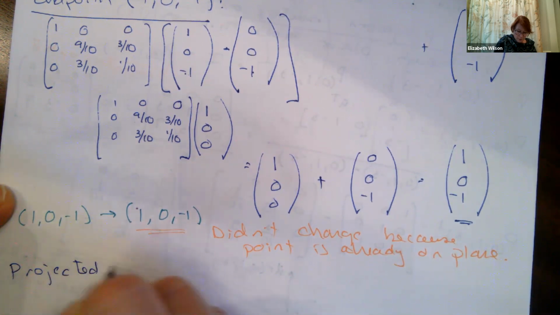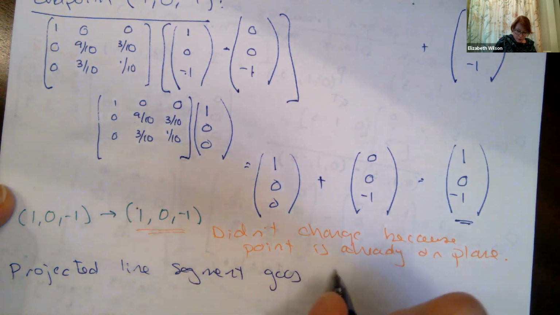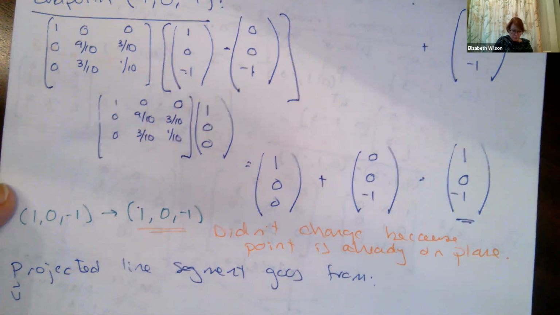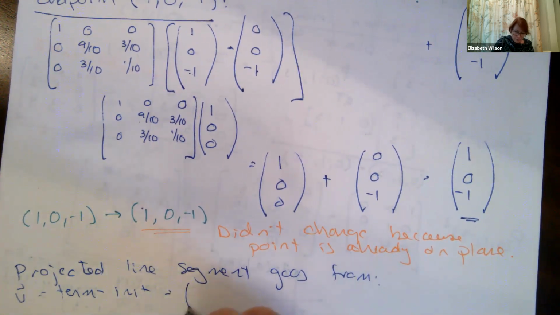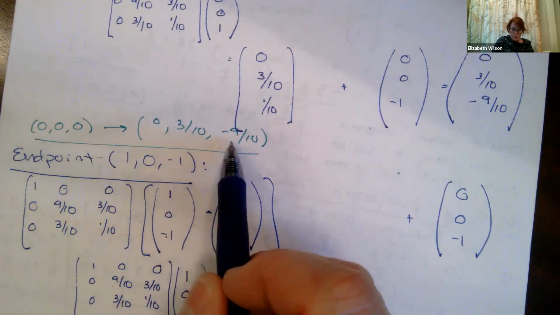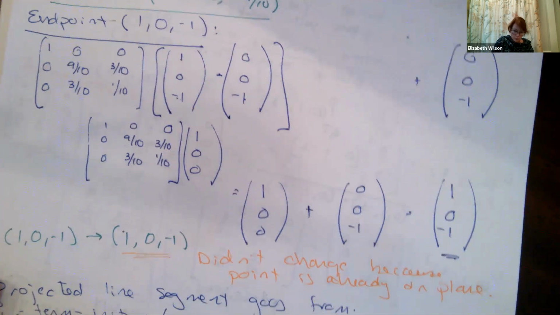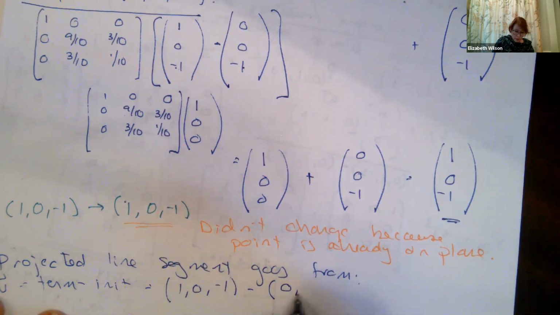Okay, so now our projected line segment goes from, remember, I need a vector, which is going to be terminal point minus initial point. So I'm going to go from my origin, which is now 0, 3/10, minus 9/10, to this point here, 1, 0, minus 1. So that means my terminal point is 1, 0, minus 1 minus 0, 3/10, minus 9/10.